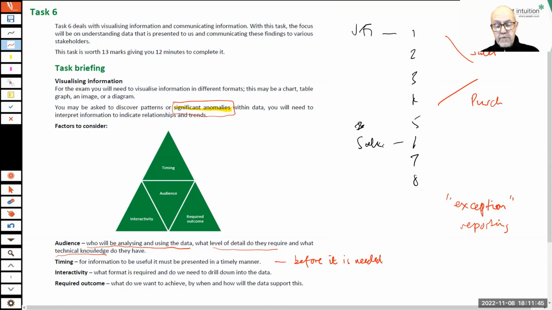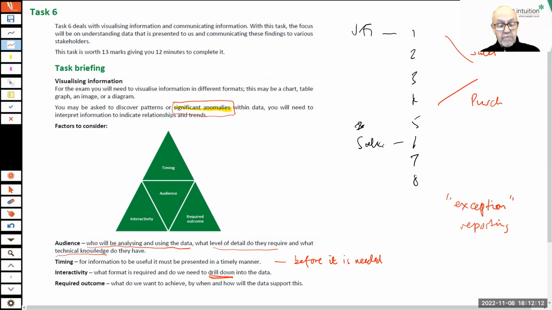Interactivity: what format is required, and do we need to drill down? Oh, there's a jargon word, drill down. I'm guessing, hopefully, maybe a few of the folk here tonight use cloud accounting. Nowadays, you can click on a balance in your cloud account, maybe your sales figure, and it will expand into how that figure's made up.